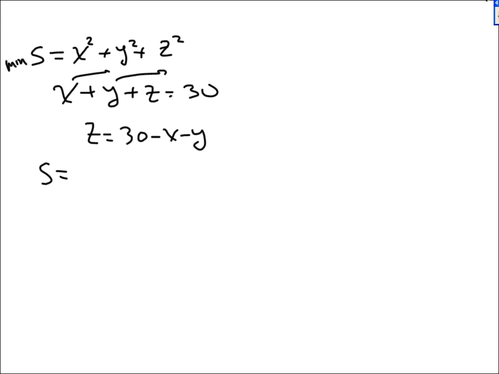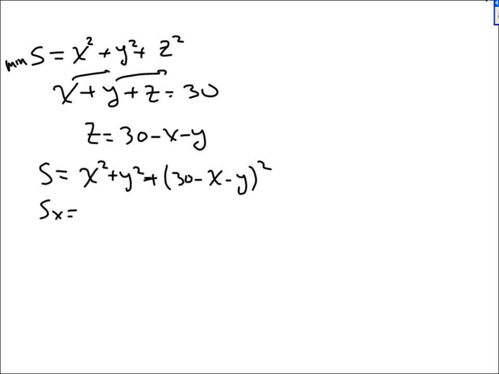And then you plug that into what's called the objective equation, the one that you want to minimize, in this case plus z, 30 minus x minus y squared. Now you can square that, but I wouldn't. But you could. That way you won't have to involve the power rule when we take a derivative right now.